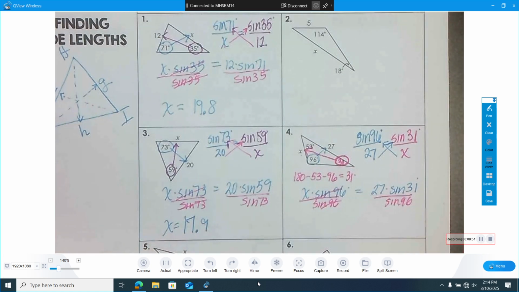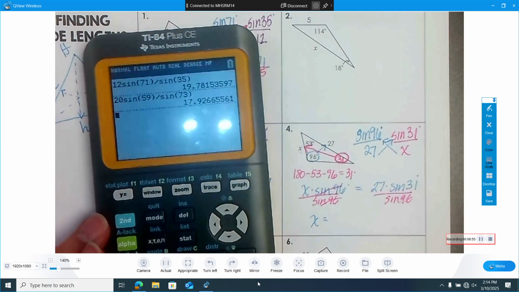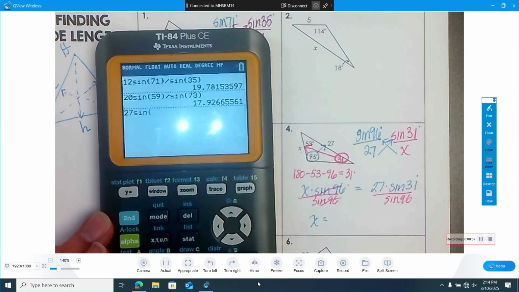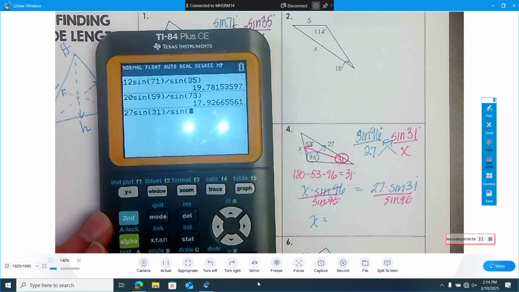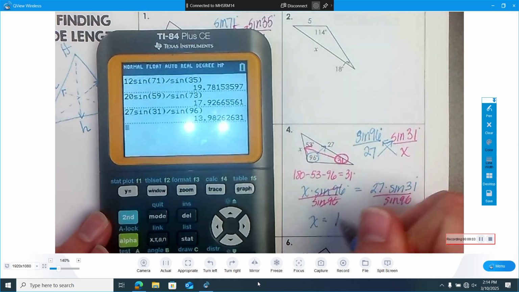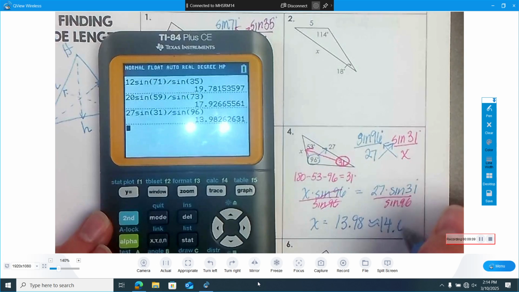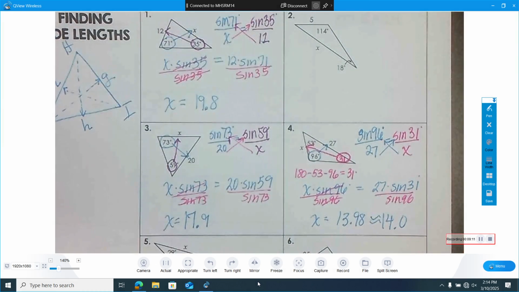Great. And if we type that into our calculator, 27 sine of 31 divided by the sine of 96, I get 13.98. If we round it to the tenths, it becomes 14.0 or 14. Either one will be fine.